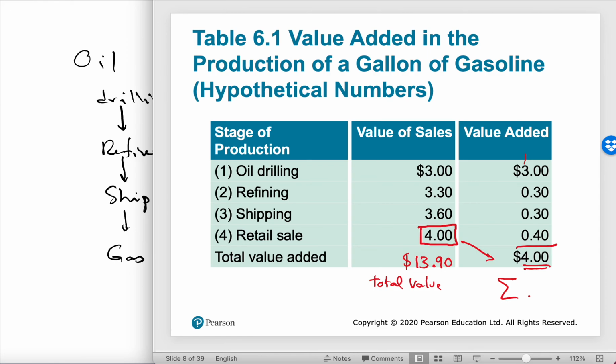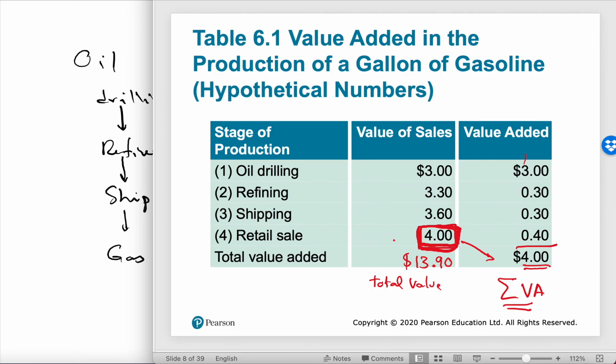So the total summation of the value added from stage 1 to 4 is exactly equal to the value of the final product, which is the petroleum product purchased by the final users. So this is a proof that the value of the final product is the total summation of all value added. These are hypothetical numbers, but it helps to prove that this is the best way of doing it.